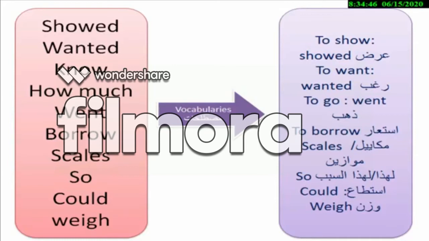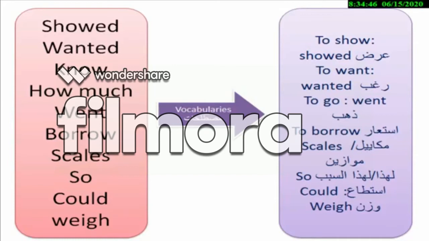Here pay attention, the L is silent, we don't pronounce it. How much, went, borrow, scales, so, could, weigh. Now we move to the right side to explain or translate the words in Arabic, taking into consideration their meanings in context.